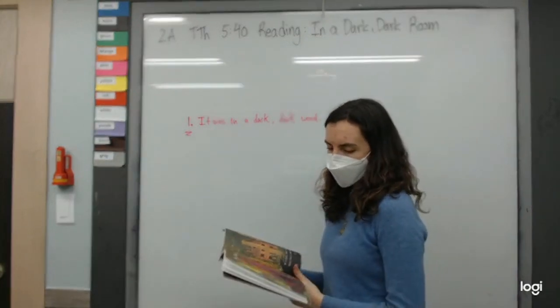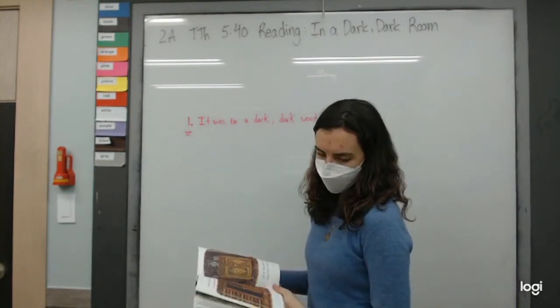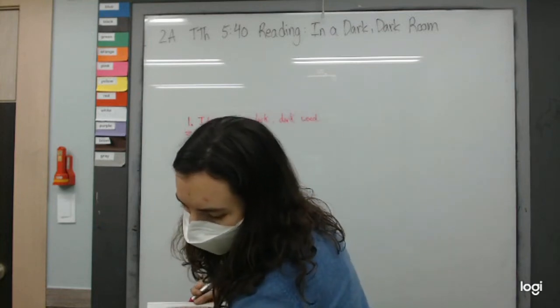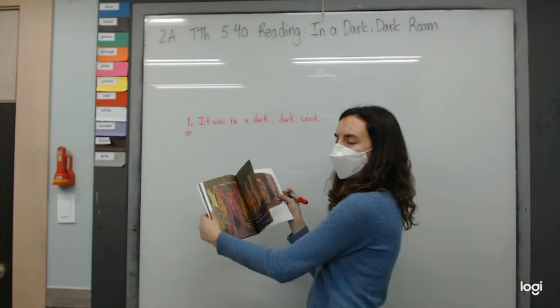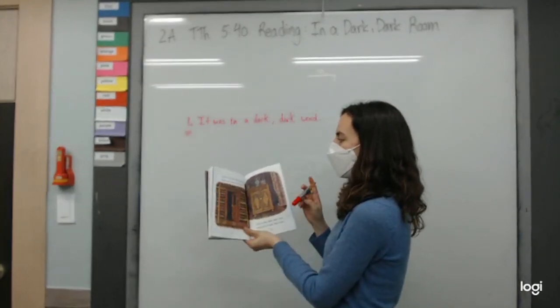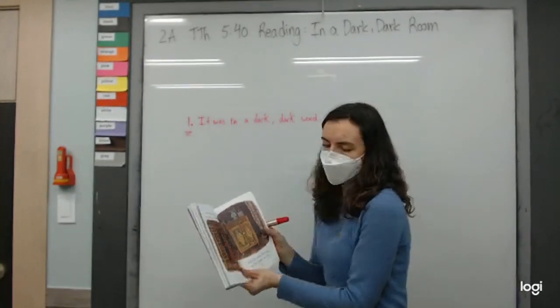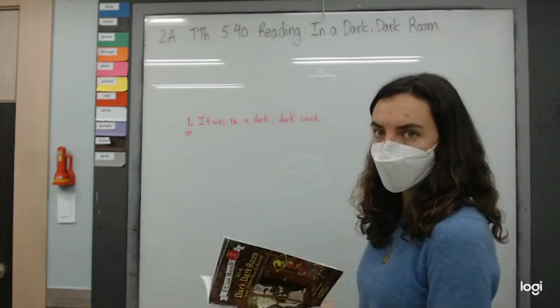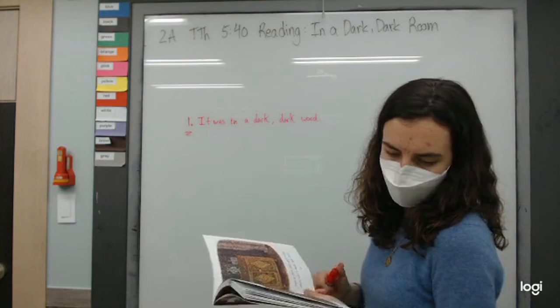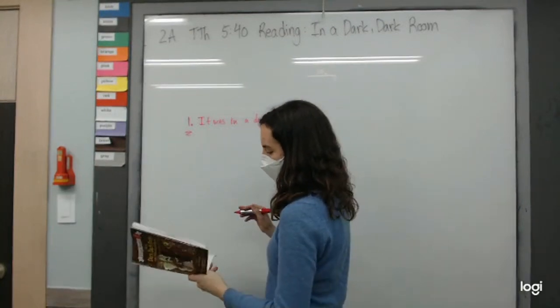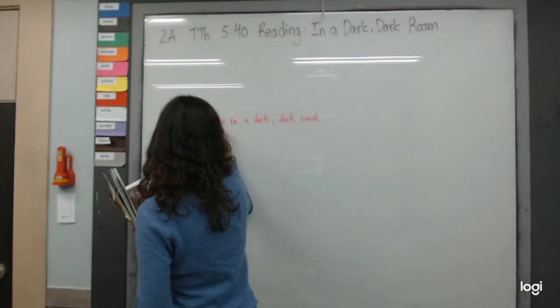What was in the dark, dark room? So, after we see the dark, dark house, we see in the dark, dark house, there is a dark, dark room. What is in the dark, dark room? There was a dark, dark chest.